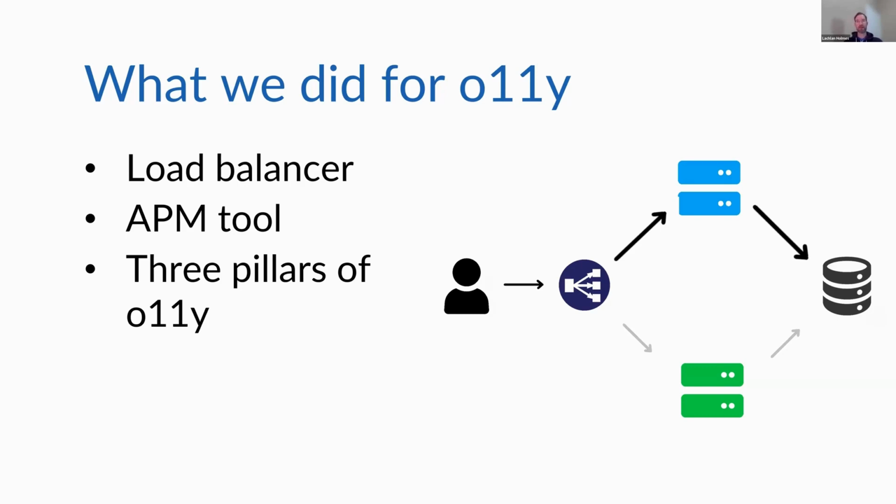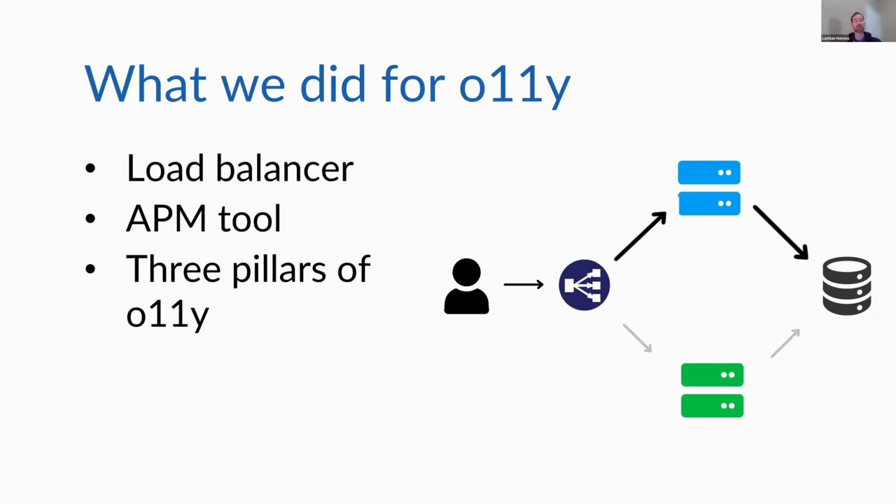So the 3 pillars of observability are logging. That was the first one I talked about, as well as metrics and traces. So metrics, when we were looking at this, we decided to implement what's called the RED method, or RED metrics.